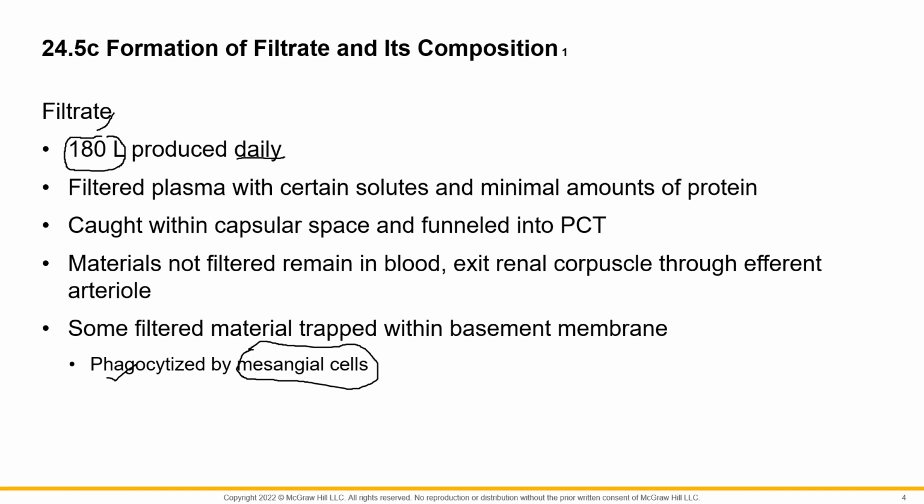Materials that are not squeezed out and become filtrate exit the renal corpuscle, or the glomerulus, through the efferent arteriole. And please note that the efferent arteriole has a smaller diameter compared to the afferent arteriole.